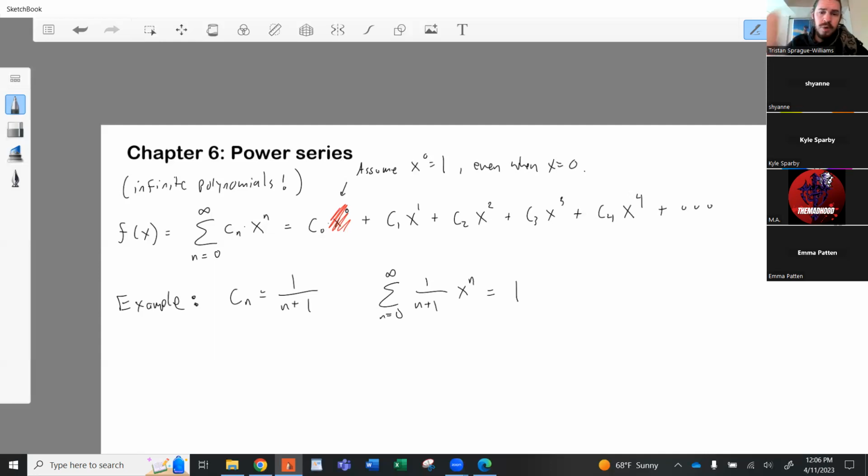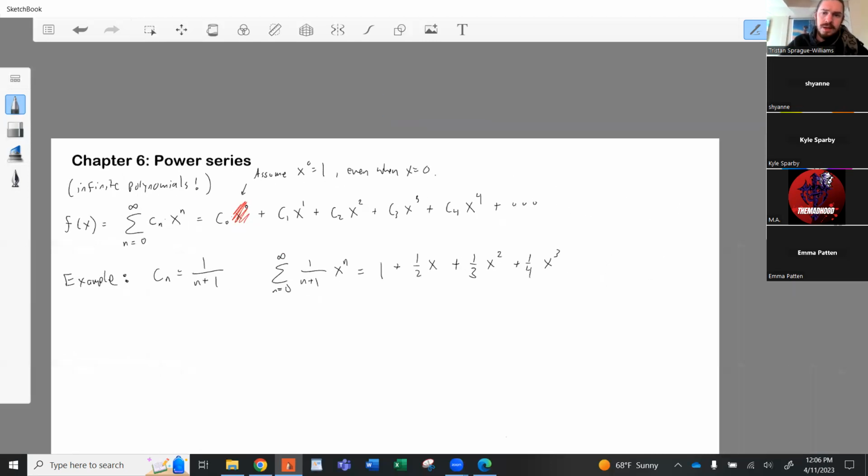Then we have a half x. Then a third x squared, a fourth x cubed, 1/5 x to the power 4, etc. forever. So that is the first example we'll look at.